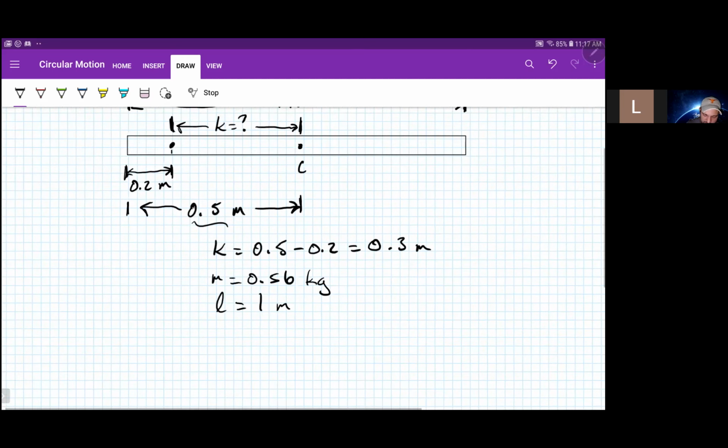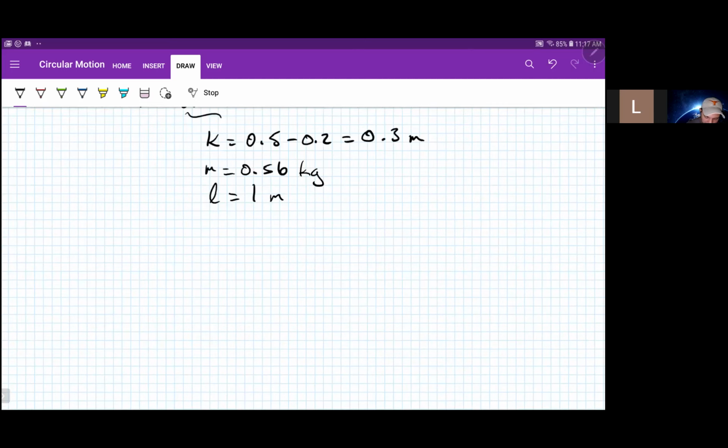All right, so I've got everything I need here except for IC. Sorry, it's plus mk squared. But we already know IC from last time. That's going to be ml squared over 12.